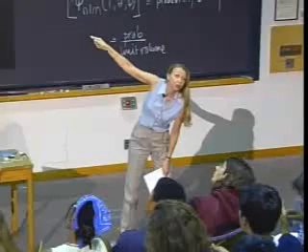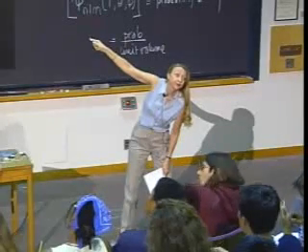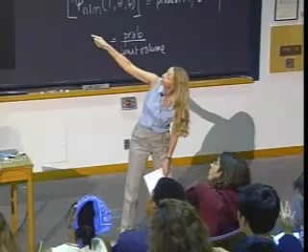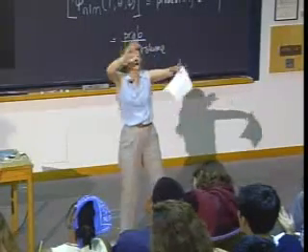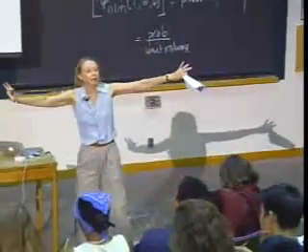What you can see is that the probability density is a maximum at the origin, at the nucleus, and that it decays equally in all directions. It's isotropic. There's no angular dependence. It's spherically symmetric.